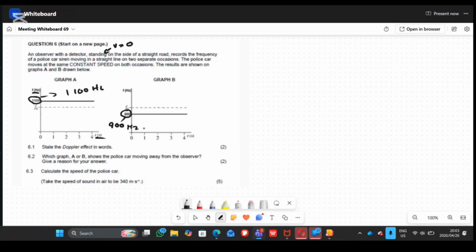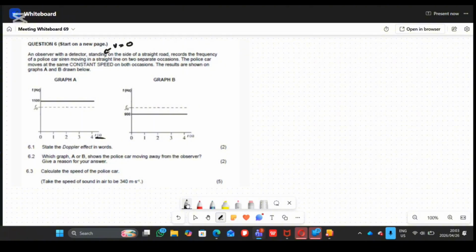But this f0, you have something like f0 as a dotted line. That is the frequency of the sound source, or the frequency that is being released. Someone might be asking why and how am I concluding that?